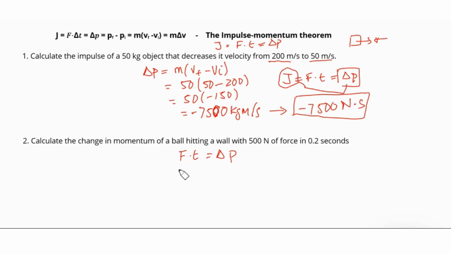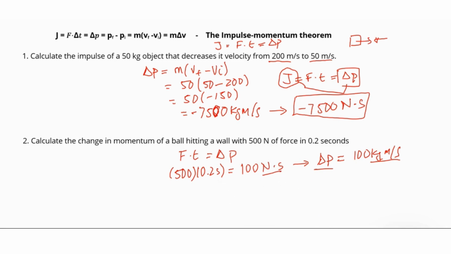So if I have a force of 500 newtons for 0.2 seconds, that is 100 newton seconds, and that would tell you that my change in momentum was equal to 100 kg·m/s. Okay, again, these units are interchangeable, but when we talk about momentum, we like to use these units. When we talk about impulse, we like to use these units.